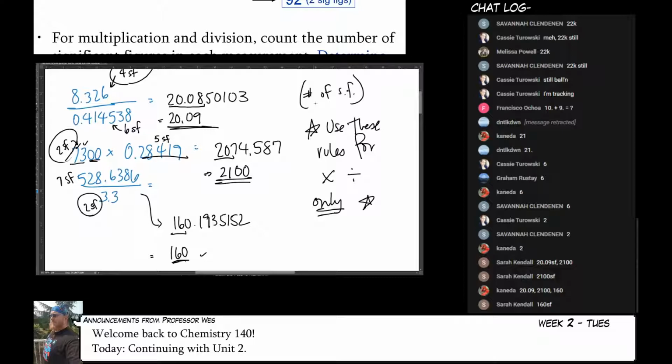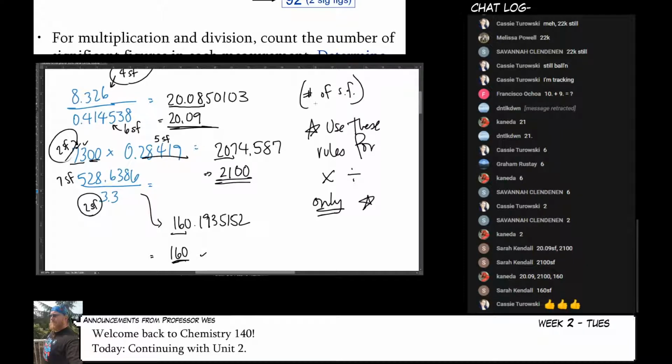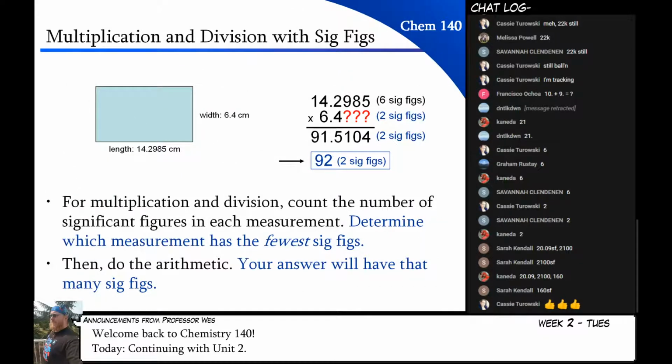It is super easy to apply: oh, I have a number with 6 and a number with 3 sig figs and a number with 2 sig figs, I'm going to have 2 with my answer. And it's the second you do addition that falls apart. Don't do that, okay? If you're only doing multiplication or division, then yeah, you just punch it all in your calculator and then check for sig figs, just like we've been doing. The issue we're going to run into is when we start combining operations, and that's what we're actually going to do on the next problem.